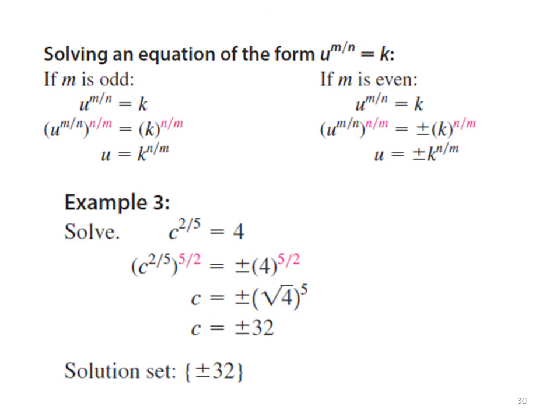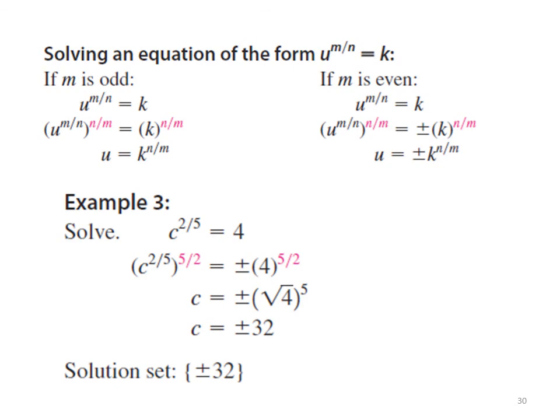Let's look at an example. We want to solve c raised to the power 2 over 5 equal to 4. Here m, which is the numerator, is even: c to the power 2 over 5, 2 is even.